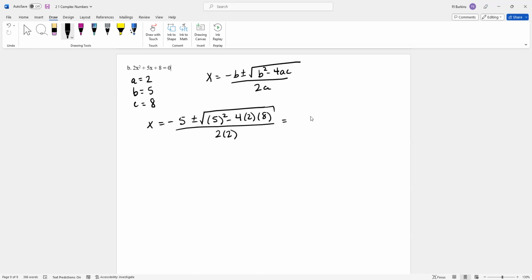All right, so let's simplify as best we can. Minus 5 plus or minus the square root of 25 minus, now we have 4 times 2, that's 8, times 8, that's 64, all over 4.